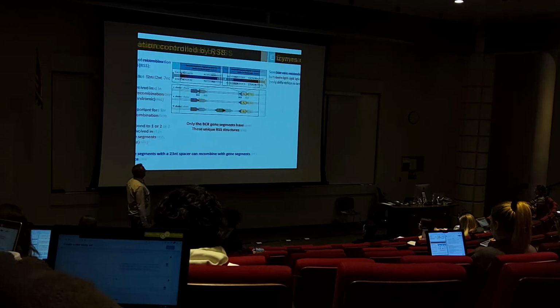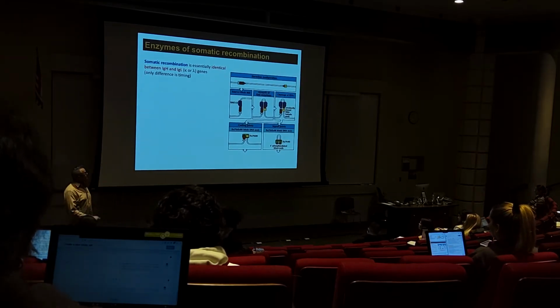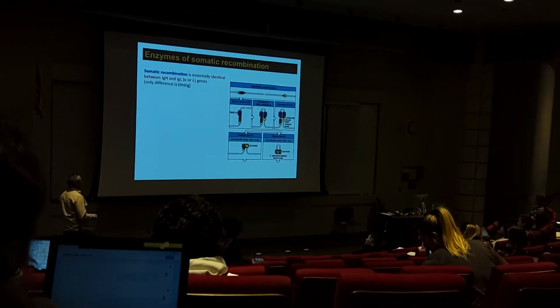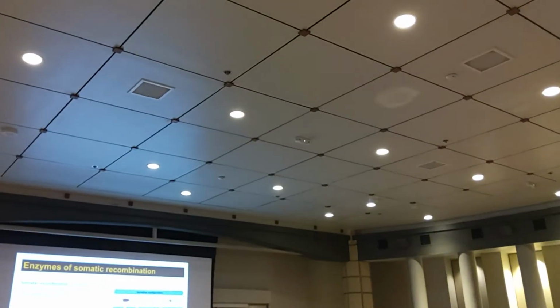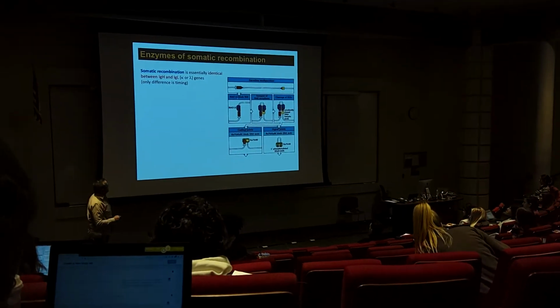Okay, so what happens? The first thing is you sort of form this hairpin. We show it in cartoons as one of these happening, but in fact all of the DNA encoding all those gene segments is stuck together in these big loops of DNA, and their RSSs are recognized by the recombination activation genes.